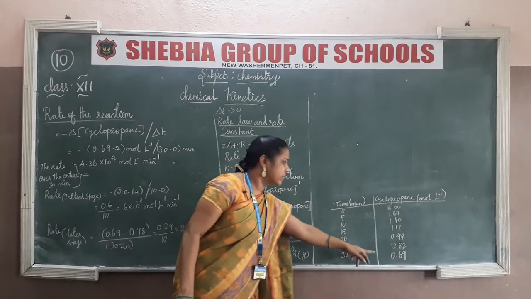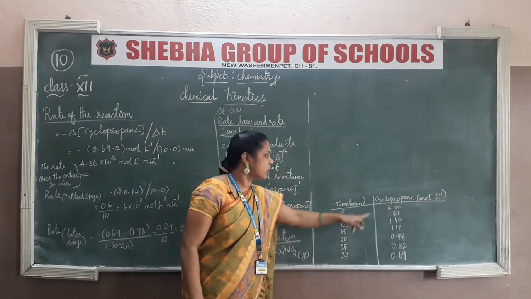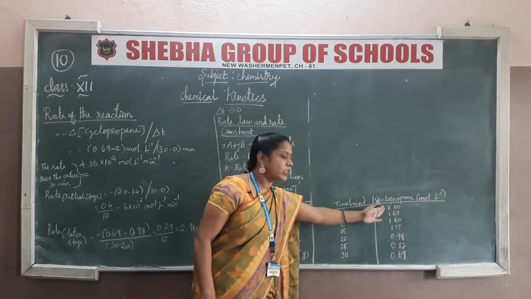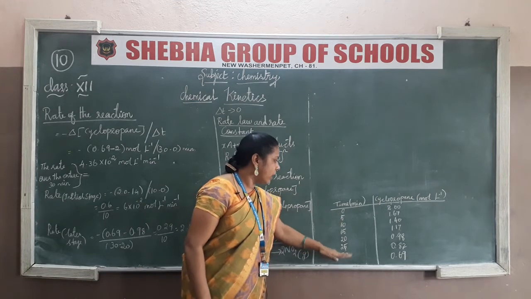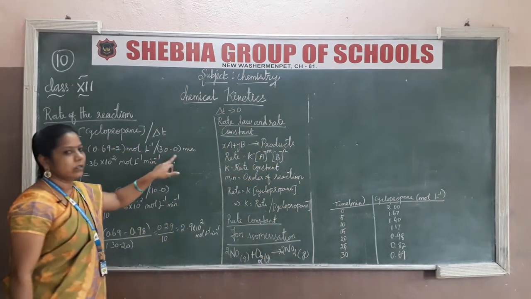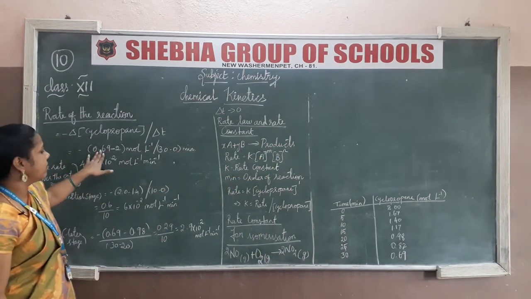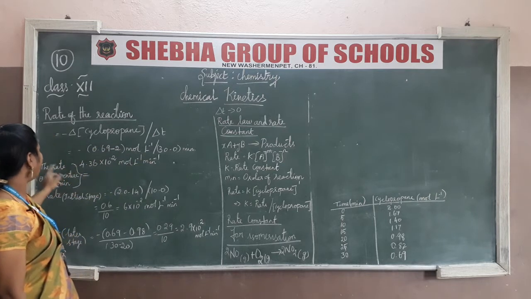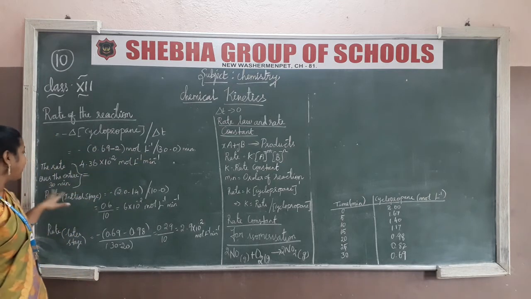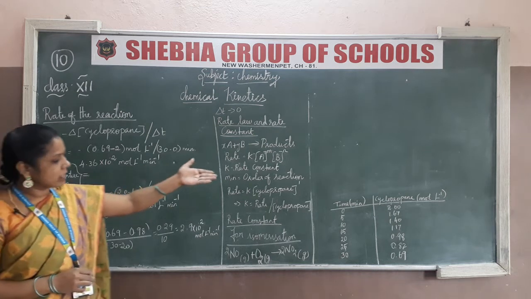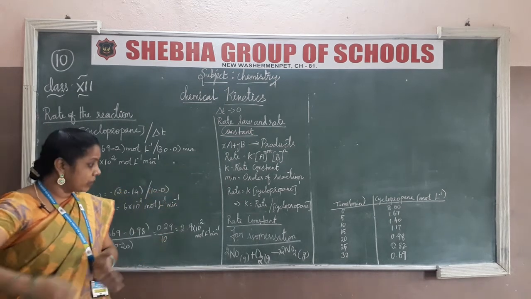What is that, 0.69 in 30 minutes? Sorry, the value is to 0. So 30 to 0. Are you clear? For that interval, that is the rate of the overall entire 30 minutes. So you started with the initial stage to the 30 minutes.